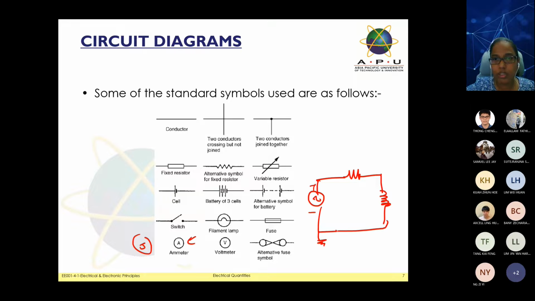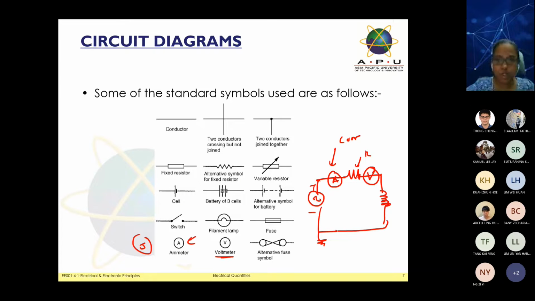I always need to have a ground. When I put this ammeter symbol, for example I draw A here, it means you need to measure a value at the resistor, before the resistor. How much is the ammeter reading? It means how much the current flow is. For example, I put this one, the symbol V, so it means voltmeter. I need to measure how much the voltage is after the resistor.